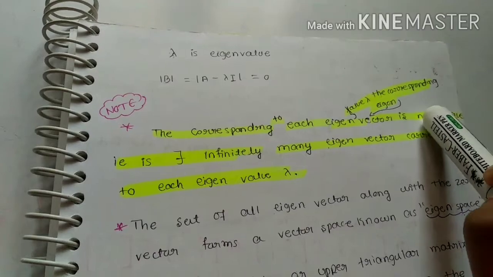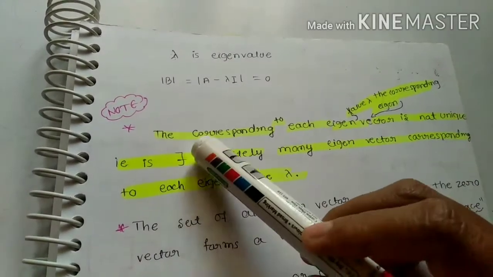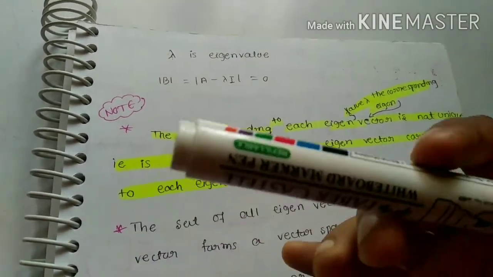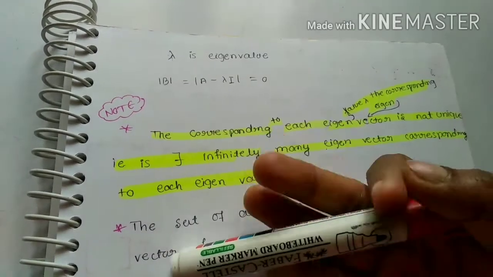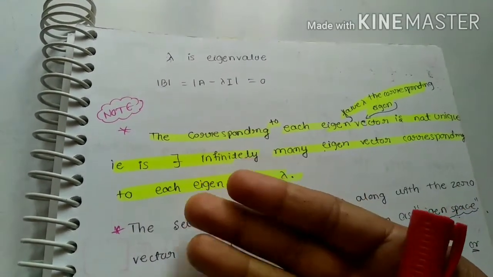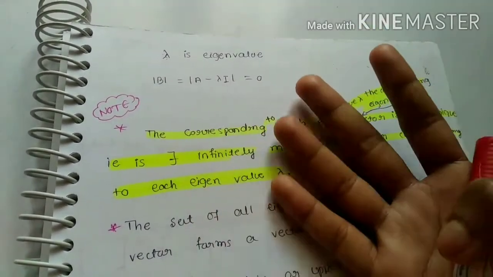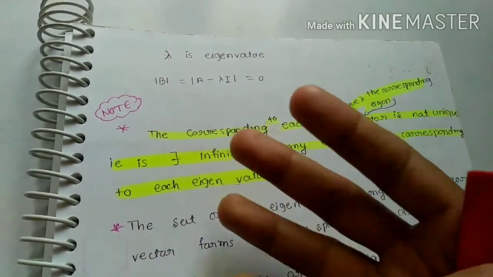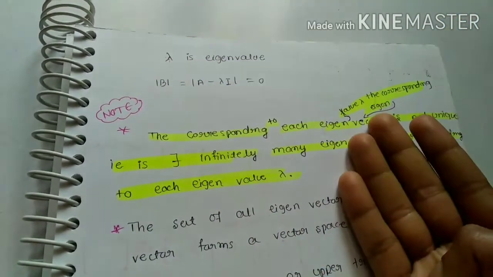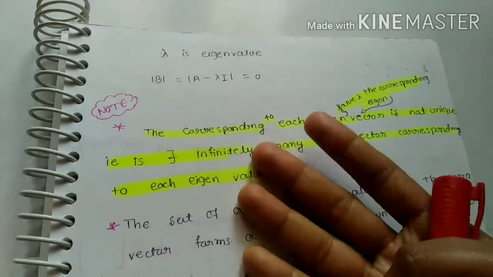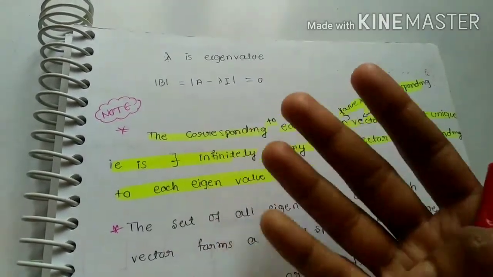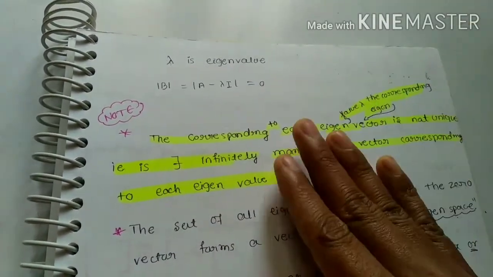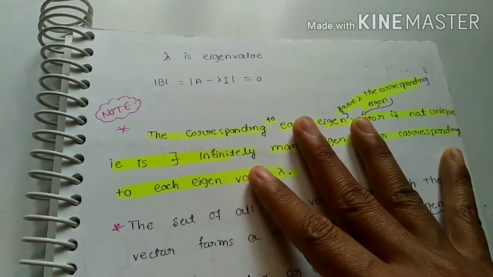So it means what? If your eigenvalue is lambda 1, then for this lambda 1 not only one eigenvector is satisfied. It means it is not unique. You will get more than one eigenvector. Got it?